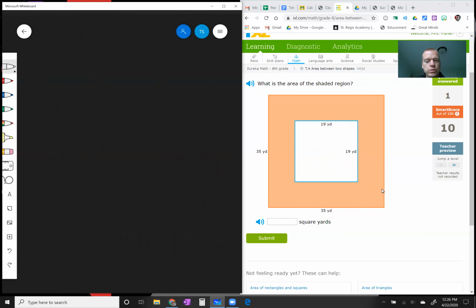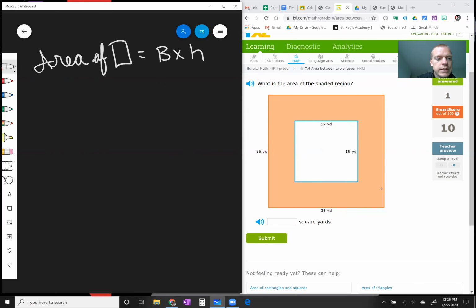All right, so now we're going to do squares. Squares are easy. Base times height, right? So the area of a square is just base times height. Okay, so we need to find the area of the big square, the area of the small square, and subtract the two. So let's first find the area of the big square. 35 times 35 is all it is.